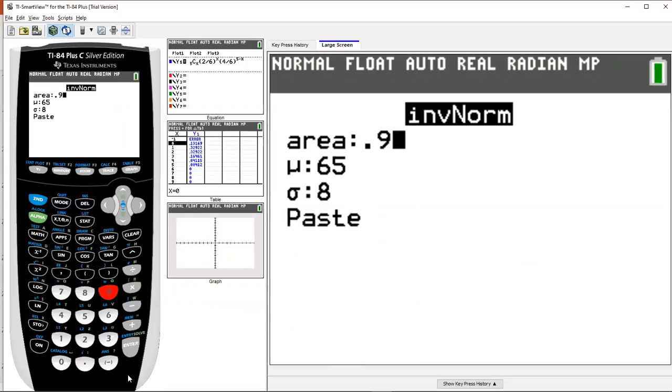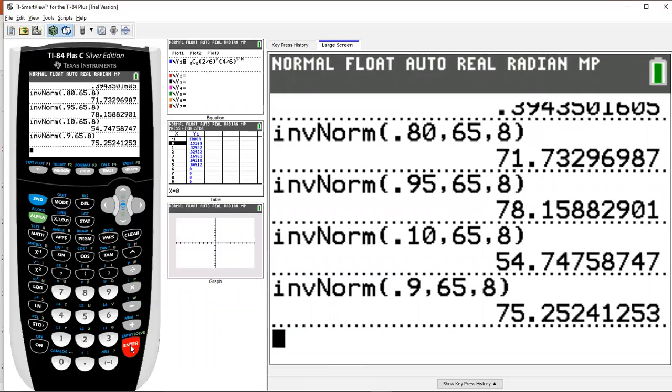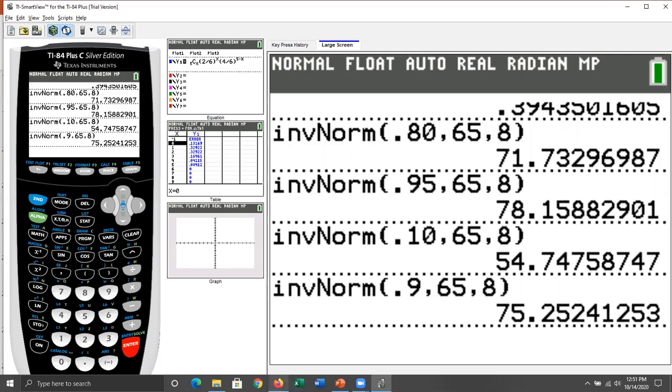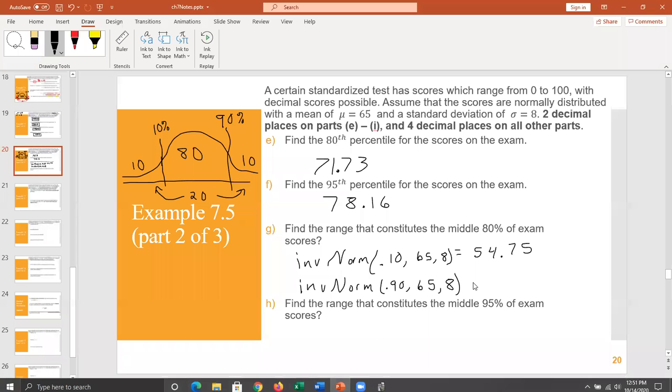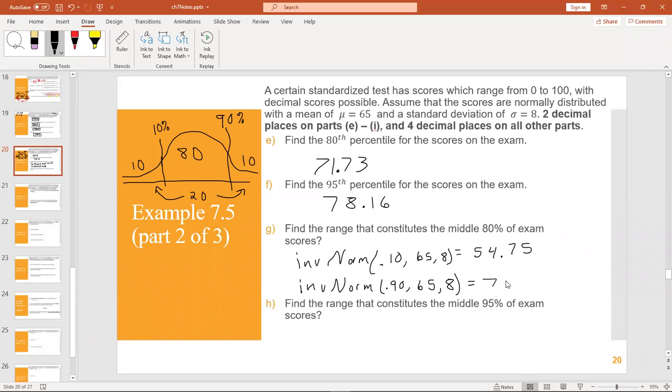This time we pick 0.90 or 0.9. They're really the same. That is 75.25. Okay, so the range of scores is this number to that number.